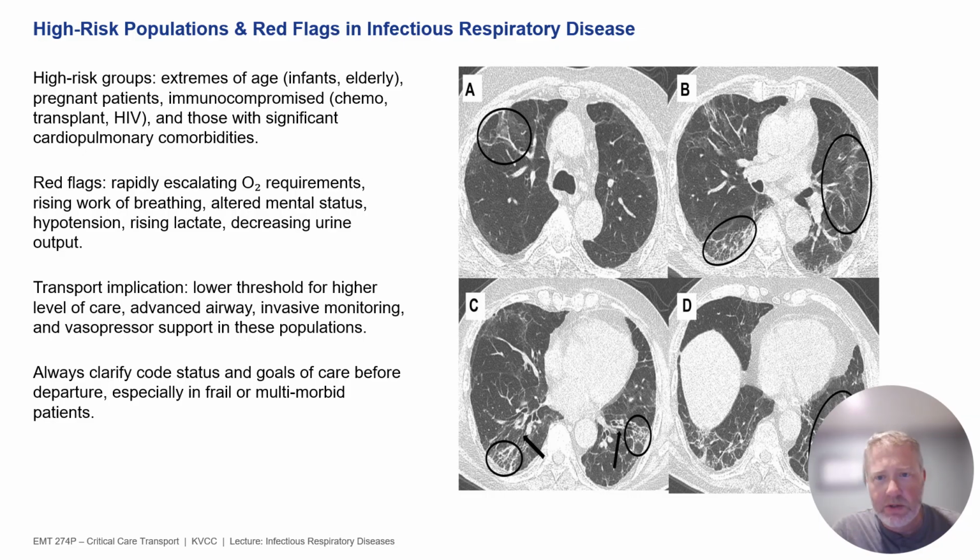Immunocompromised patients, organ transplant recipients, patients on chronic steroid use or biologics, like we talked about in the pharmacology piece, those folks have a higher risk of developing a more severe pneumonia with organisms, and a pace of deterioration that healthy hosts don't usually see.